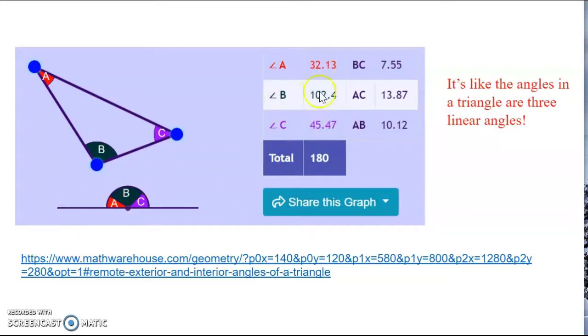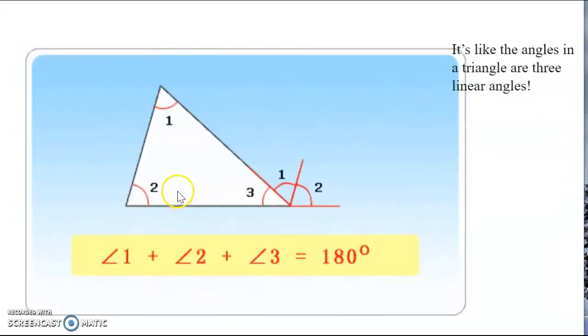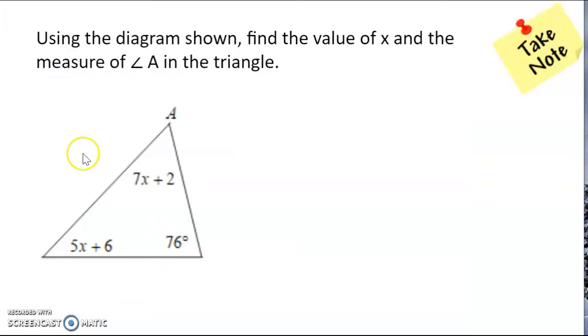And you can see that for this shape, if you add all the angles, it's going to add to 180 degrees. And it does not matter how you change it. It's a triangle. The interior angle of a triangle will always add to 180 degrees. Well, the animation is not showing, okay?